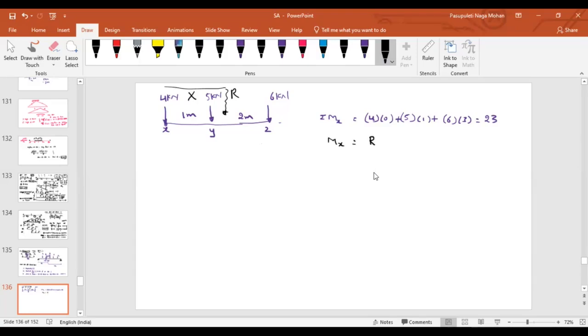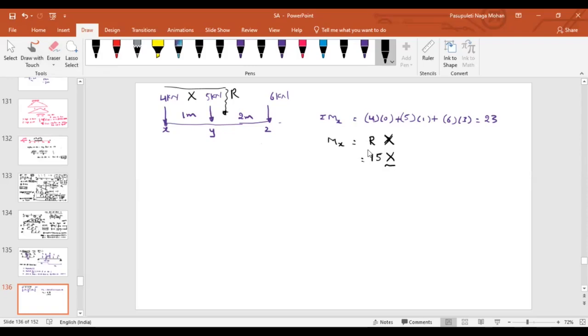R times X, isn't it? What about the total resultant value? 4 plus 5, 9, 9 plus 6, 15. That will be equal to 15X.